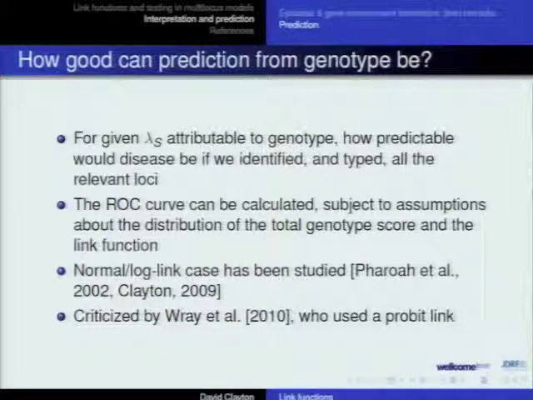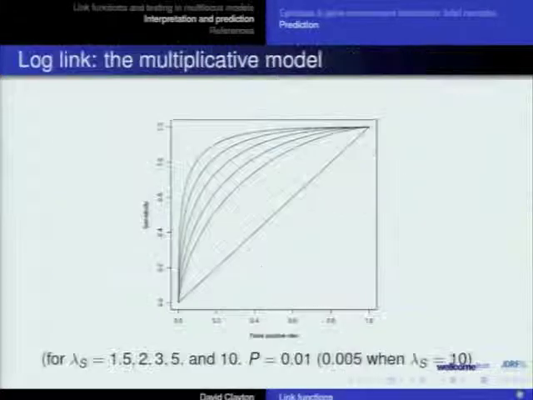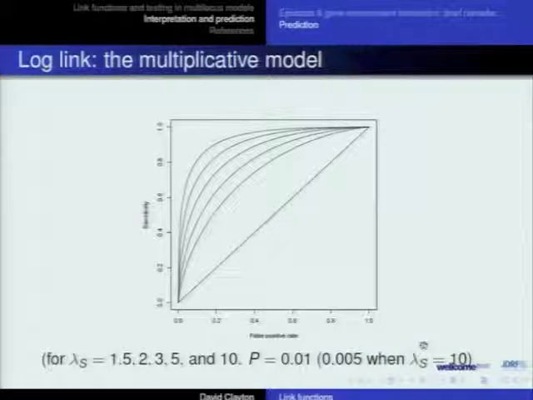But if you know that, and you know the distribution of the additive risk score, and since probably a lot of genes are involved, that's probably pretty close to normal, then you can work out what the receiver operating characteristic curve would look like if you were able to measure every relevant gene. This is one which I published some time back, but another group have done exactly the same. These are receiver operating characteristic curves for lambda S of 1.5, 2, 3, 5, and 10.